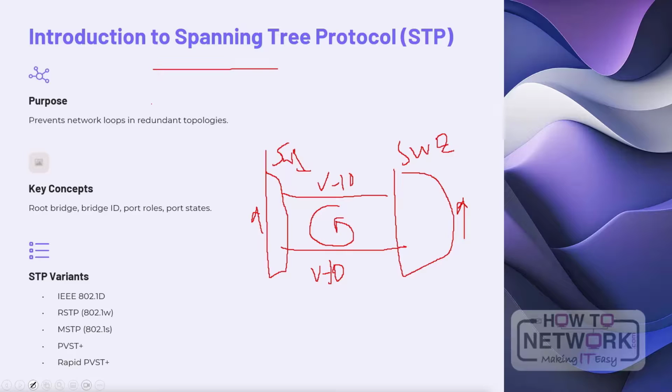So we have STP to police or manage this, because what STP will do is remove the loop logically by blocking one of the interfaces. So let's say both interfaces will be forwarding, but here it will be blocked, right? So the traffic will only go here. It may look inefficient, but this will stop the loop.